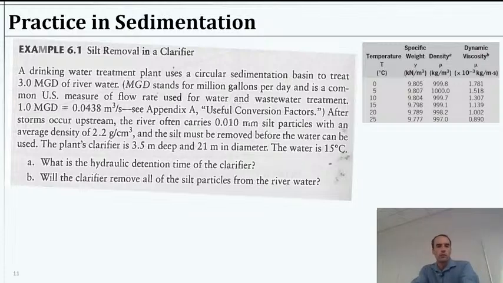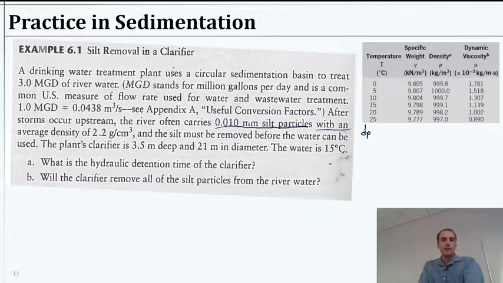After a storm occurs upstream, the river often carries 0.01 millimeter silt particles. So that's a diameter they're giving us. If you see that, they give us some size particles. That's safe to assume, unless it specifies otherwise, that's a diameter. So diameter of those particles.